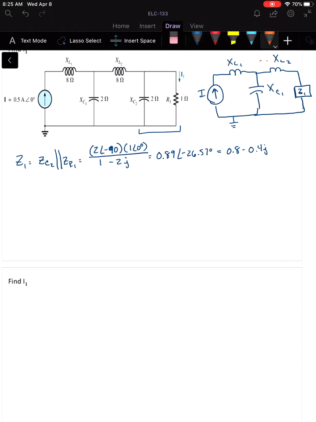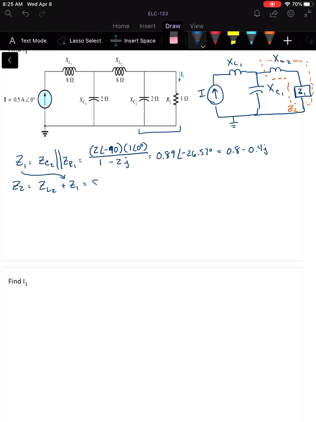So I would call this Z2. Okay, so Z2 would be ZL2 plus what we just found was Z1 right here.